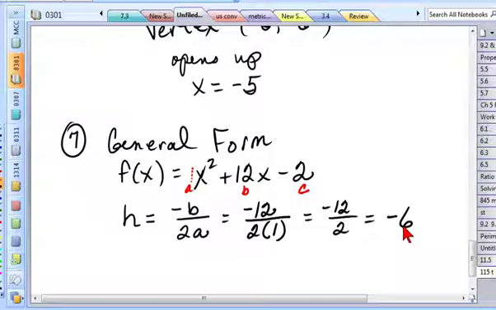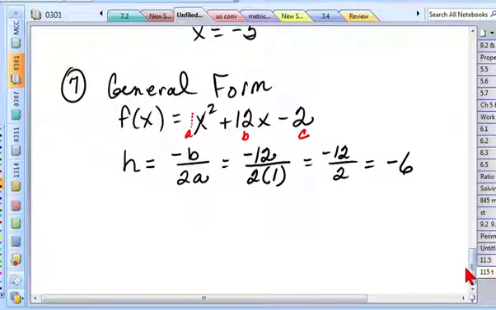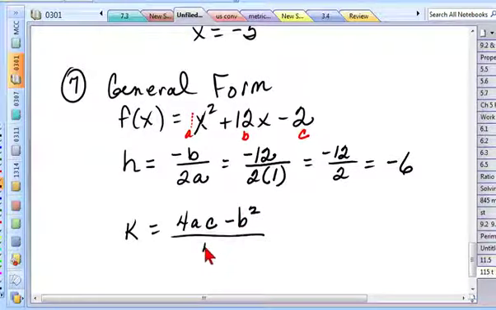That's the h coordinate. Now there are 2 ways to find k. One of the ways is to use a formula, 4ac minus b squared all over 4a. Now the only problem with using this formula is that it's a little bit complicated.